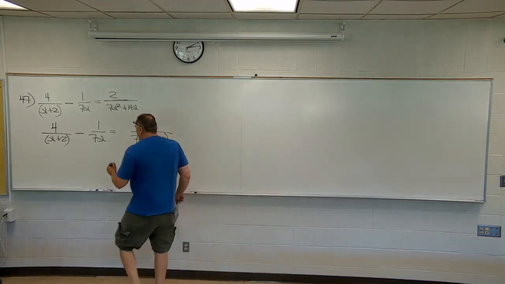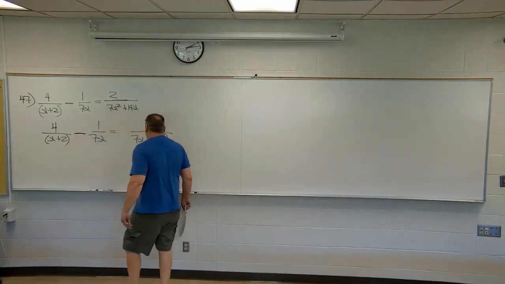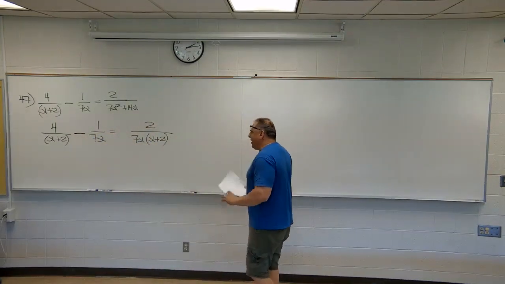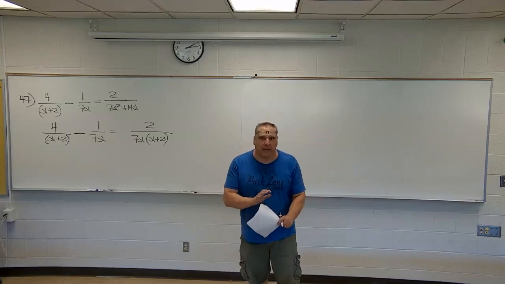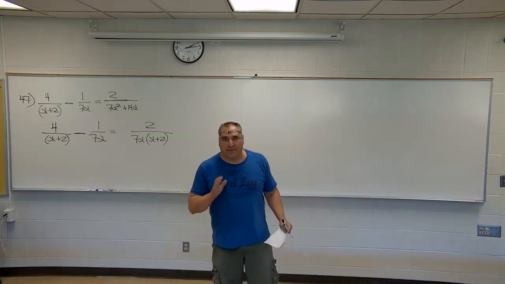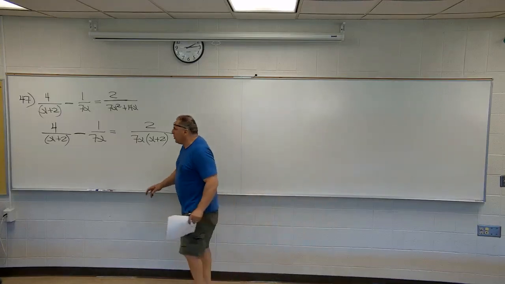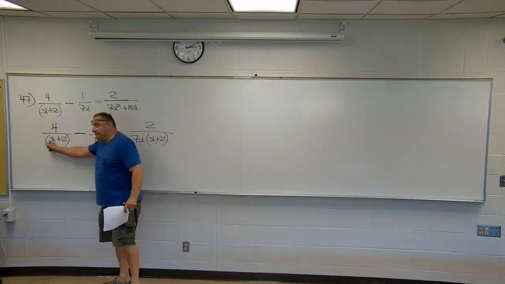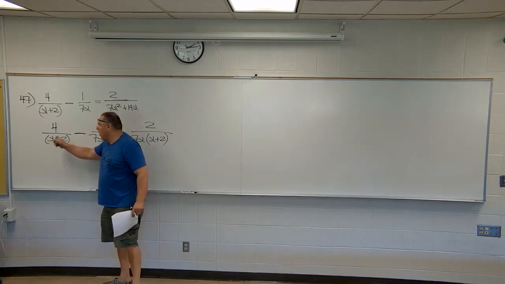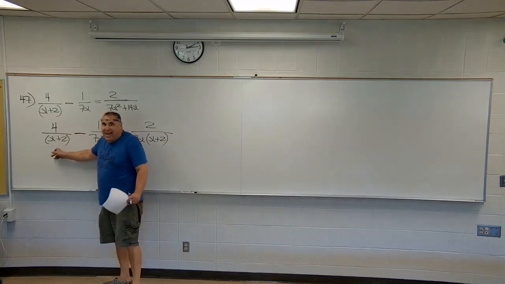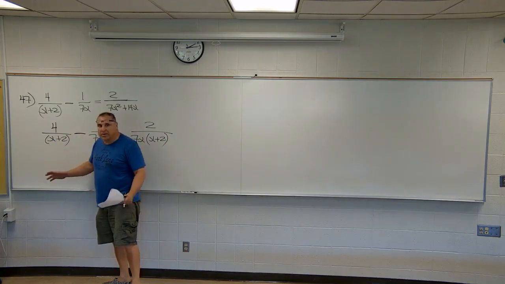Okay, so there you go. Now what? Well, I know a couple things. First of all, this whole thing goes really badly if I have division by 0. If x was equal to -2, -2 plus 2 is 0, you would have division by 0, and then the problem doesn't work. It's not defined.